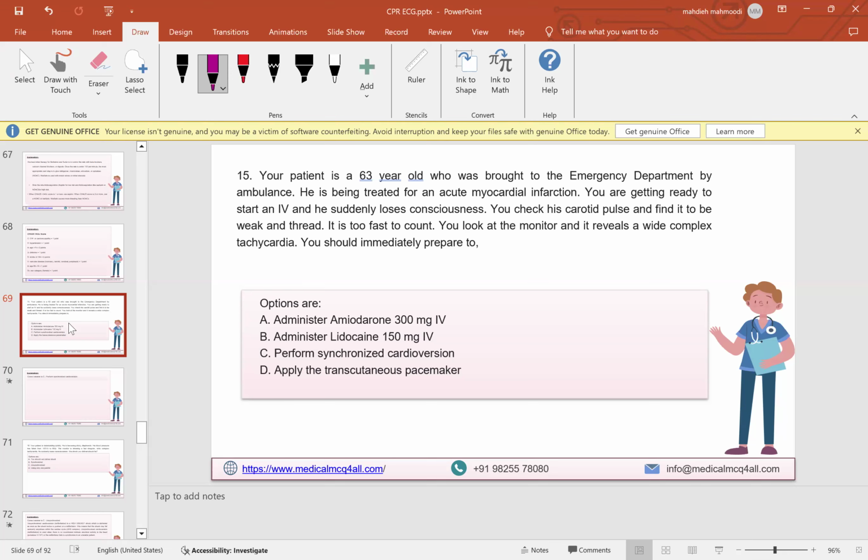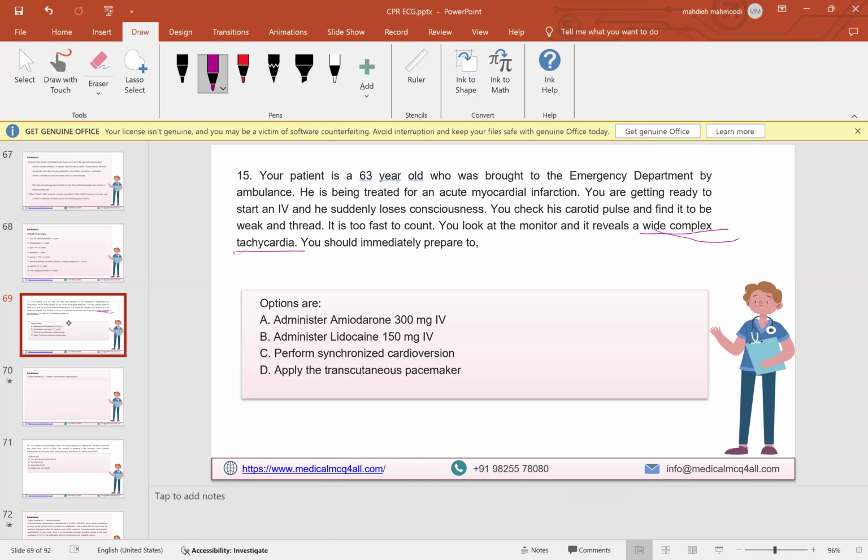Anyone else have any idea? So it's the same thing. You have a broad complex tachycardia with a pulse, right? What is the first question?